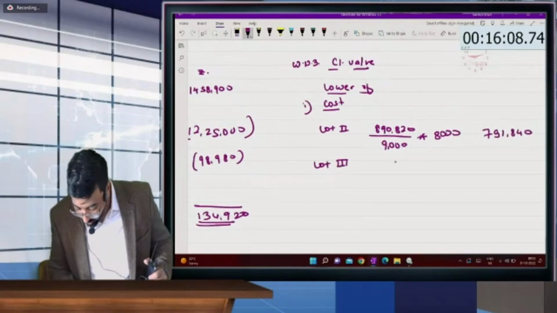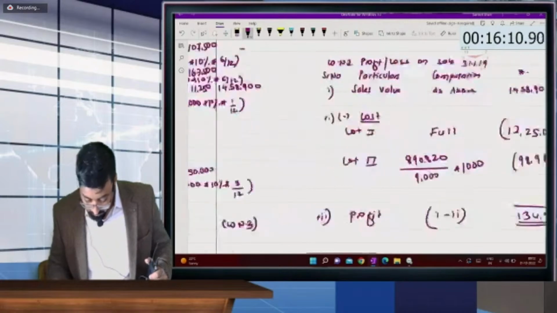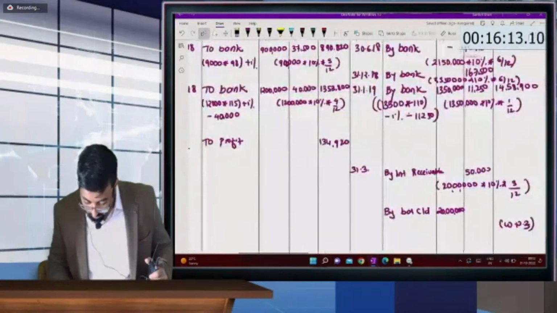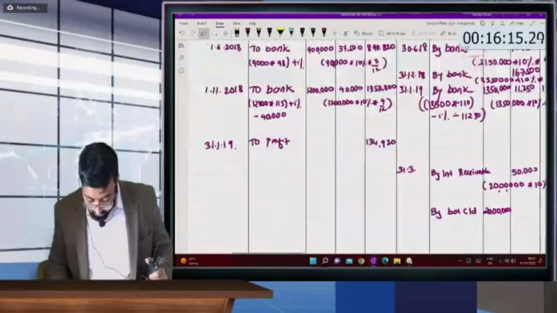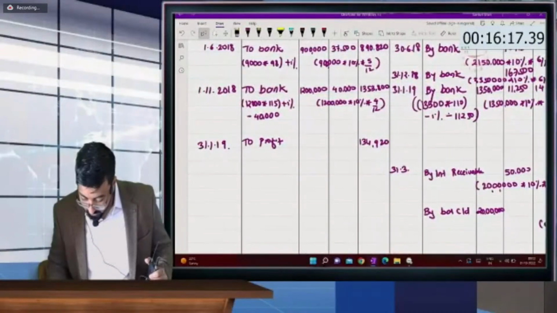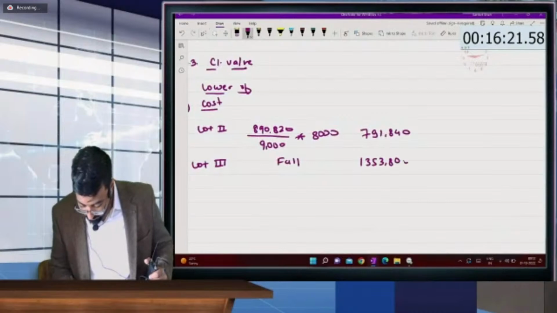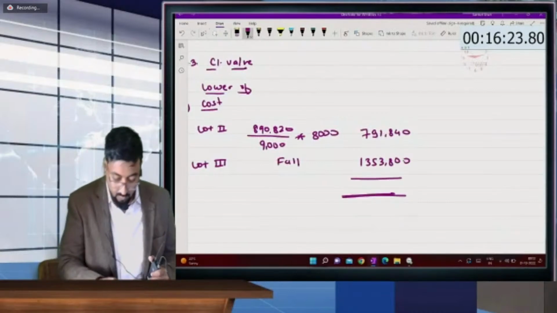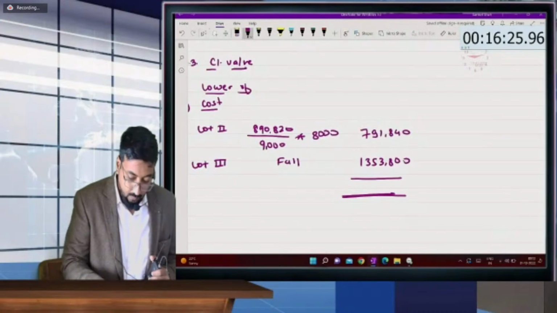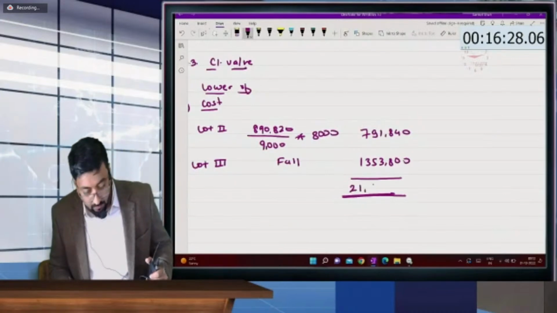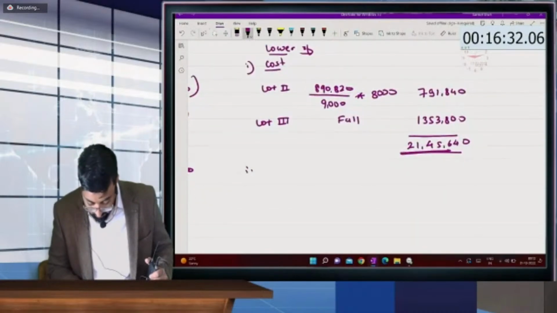Lot 3 full, 1353,800. Total 21 lakh 45,640.